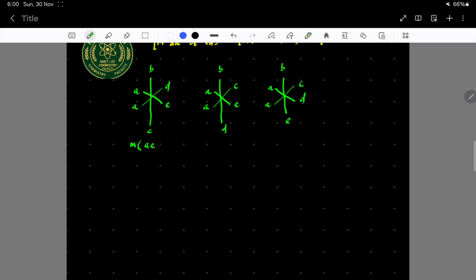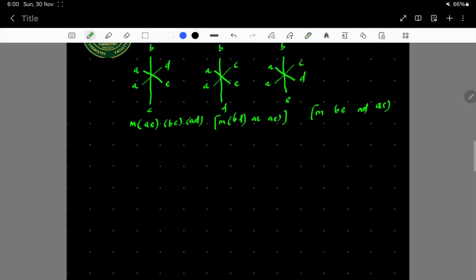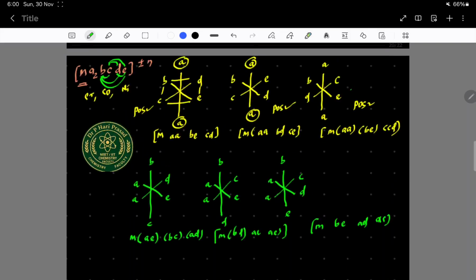Here this will be A₂E, BC and AD, one combination. One more combination, BD, AC, AE. This is one combination. One more combination, BE, AD and AC. So these are the combinations I mentioned, B₂C, B₂D and B₂E.